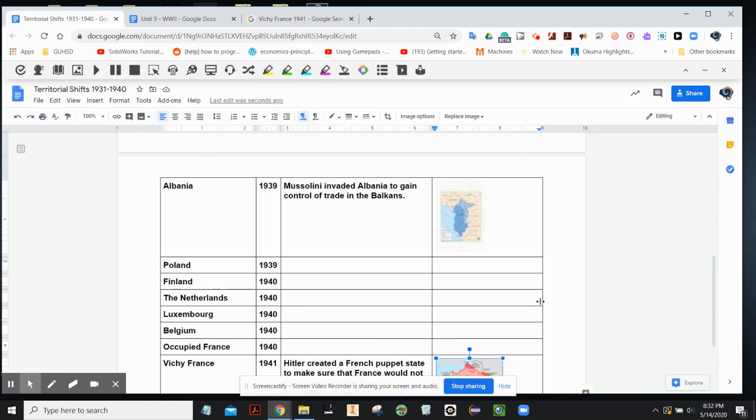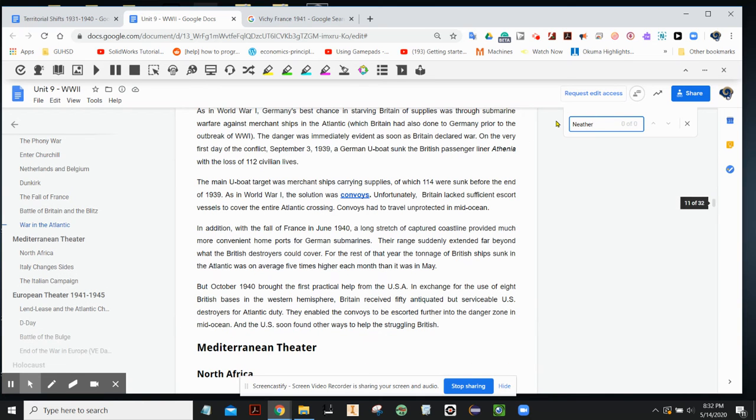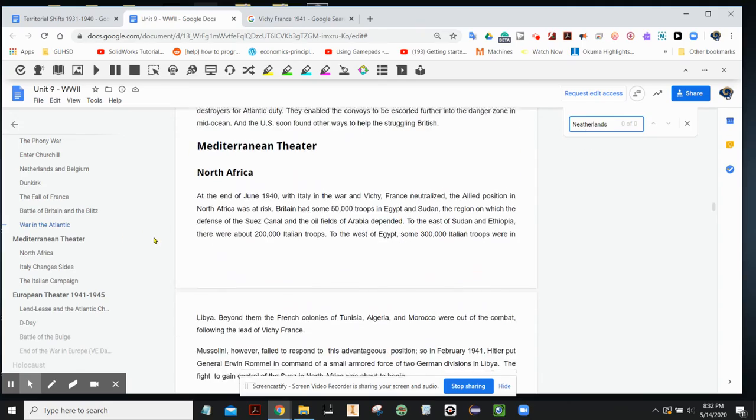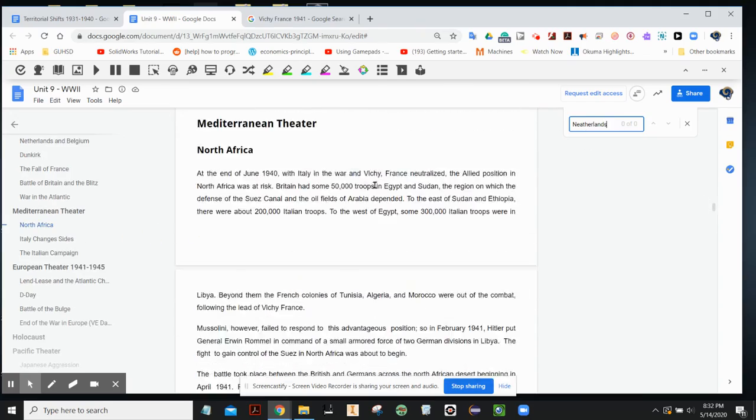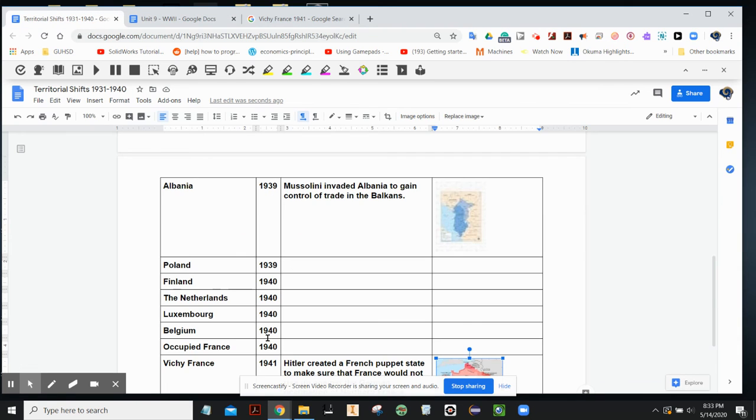The Netherlands, 1940. Let's do that one. So let's look up Netherlands. When we go to the document, and I know why some of you got a little bit confused, let's go back to the document here.